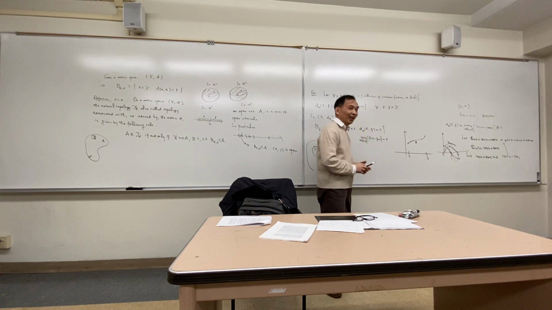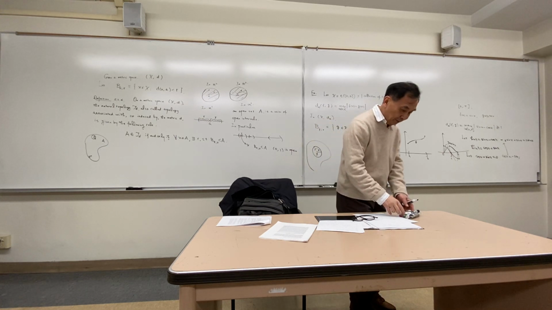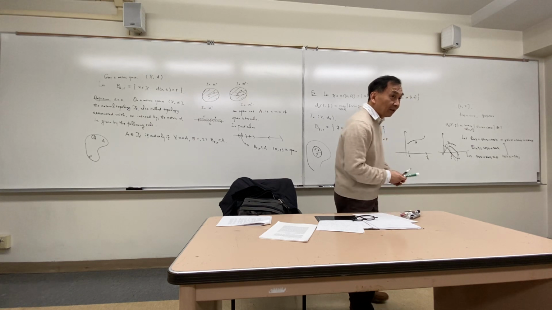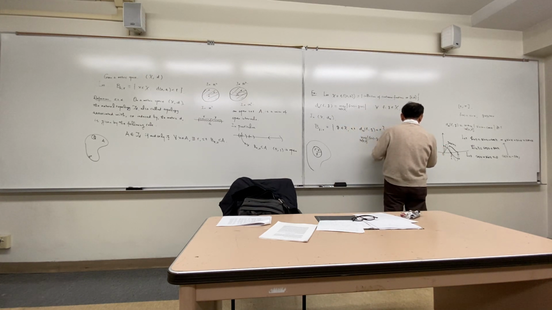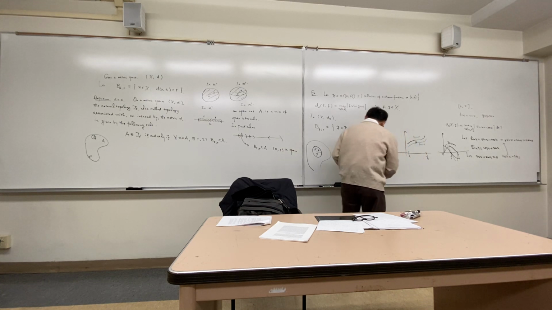If we draw on the graph of the function, this is f(x) minus r, and this is f(x) plus r.